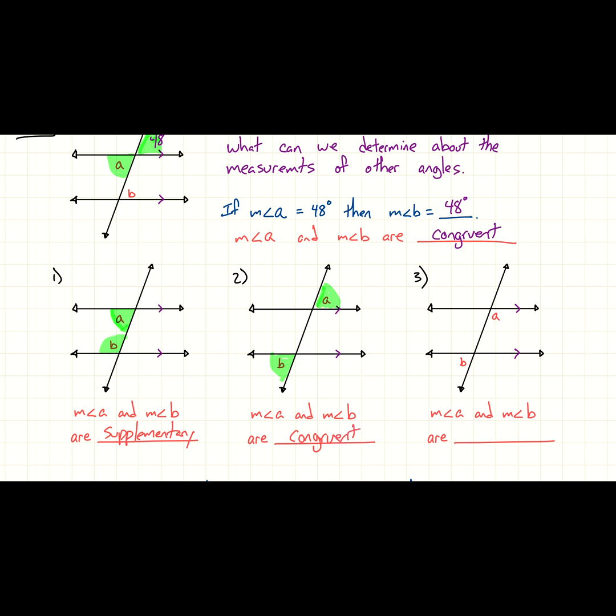All right, and then the last one, let's look at angle A and B again. So I'm going to highlight these. And the nice part here is I could actually slide these. If I take angle B and slide it on the transversal, anytime you slide it, you're going to slide it on the transversal, not the parallel lines.